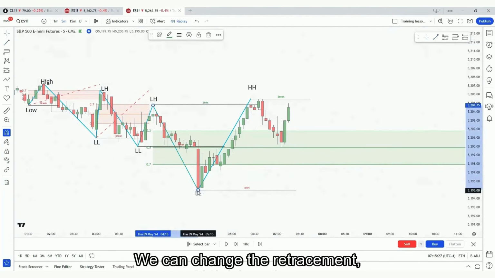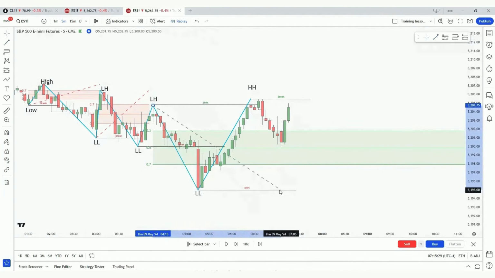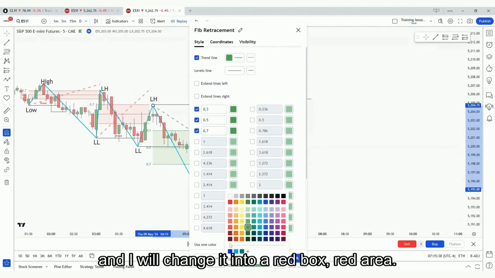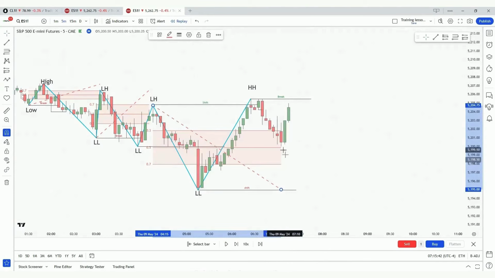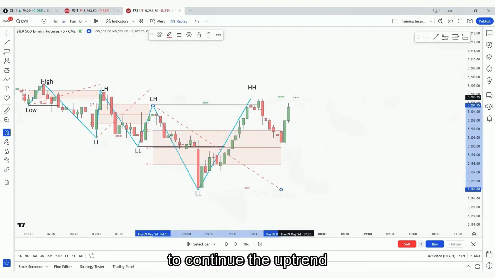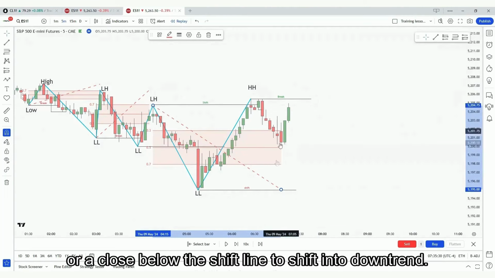We can change the retracements. Uncheck extend lines right, and I will change it into a red box, red area. Now we wait for a close above the break line to continue the uptrend, or a close below the shift line to shift into a downtrend.